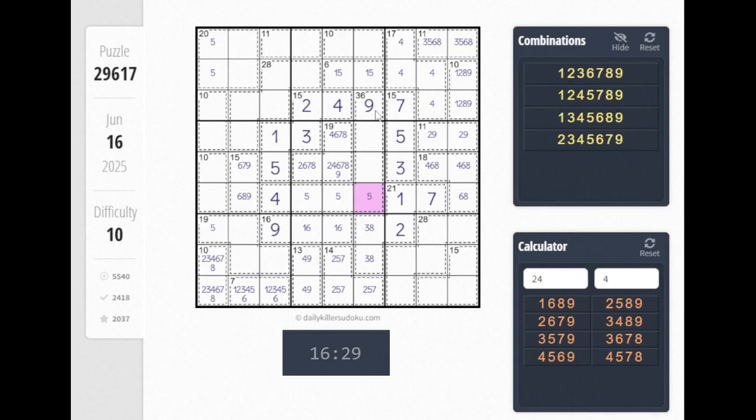Okay. No, 1's here, which means 8's gotta be in here. Has to have a 9.